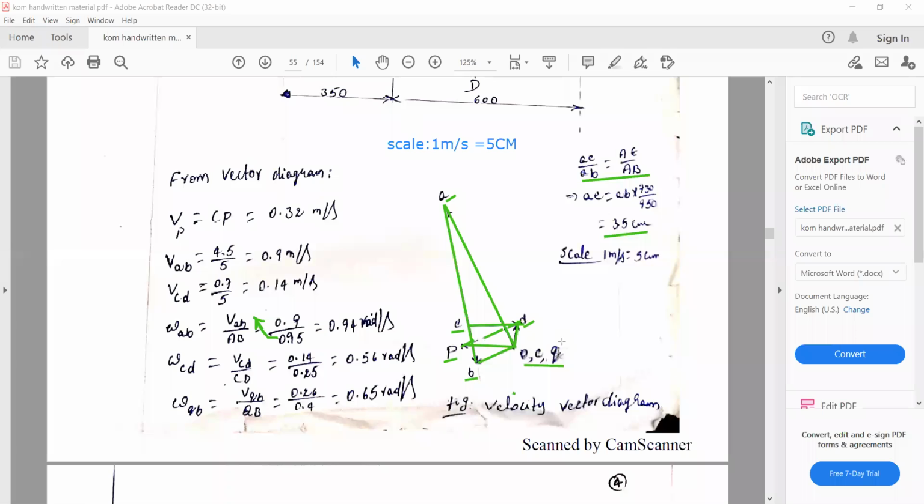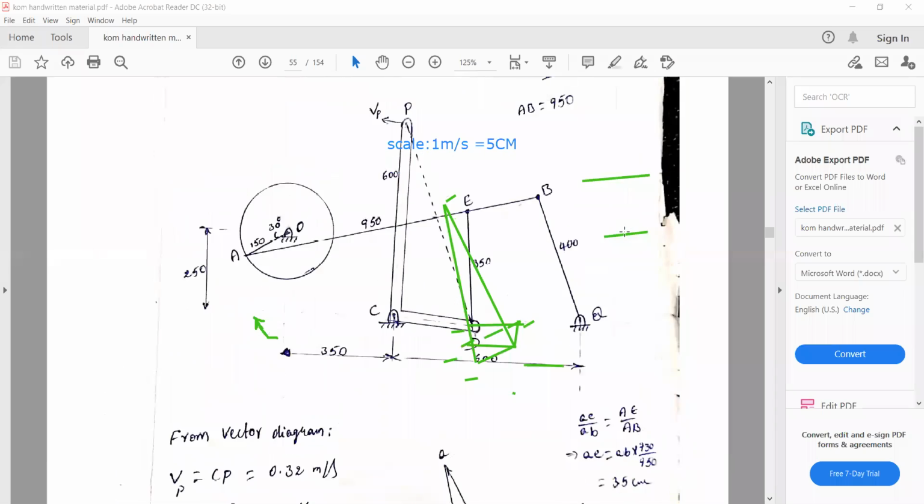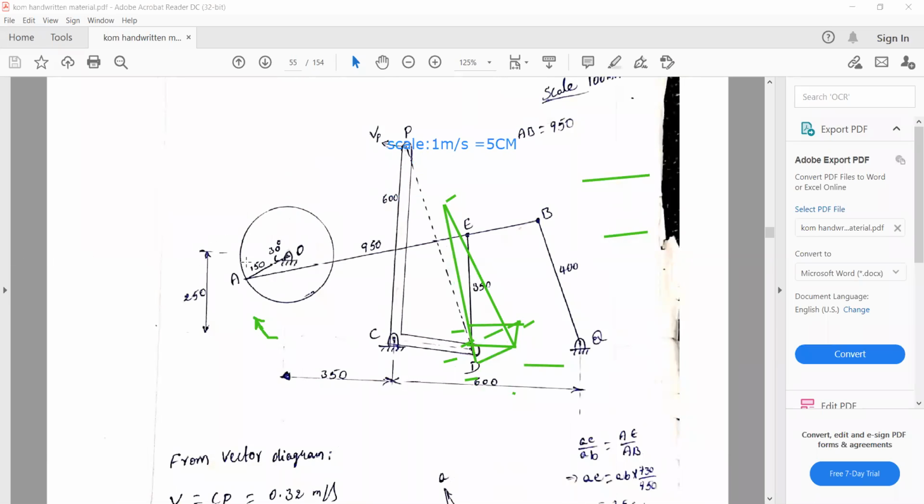Do you understand how to construct the velocity vector diagram of our wrapping machine? In this, just observe how many links there are. It is not simple. The fixed links are all considered as one. The second link, this is the third link, this is the fourth, this is the fifth, and the L shape is the sixth.